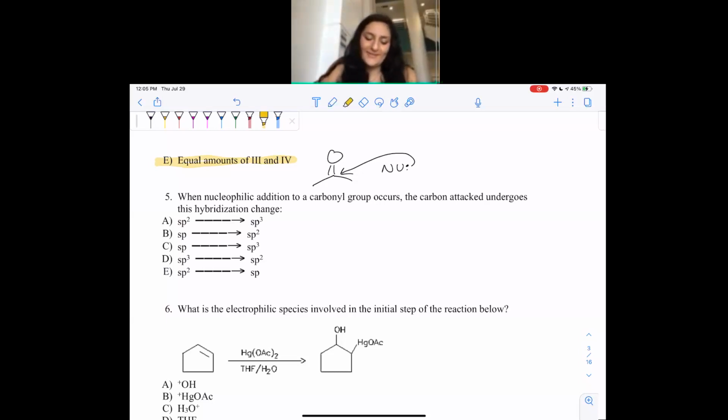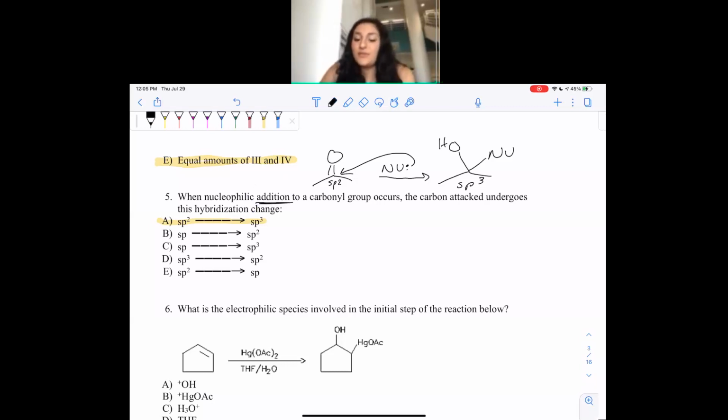Yes. Okay, so it would be A because it goes from sp2 to sp3. Because remember, it says addition, not substitution.